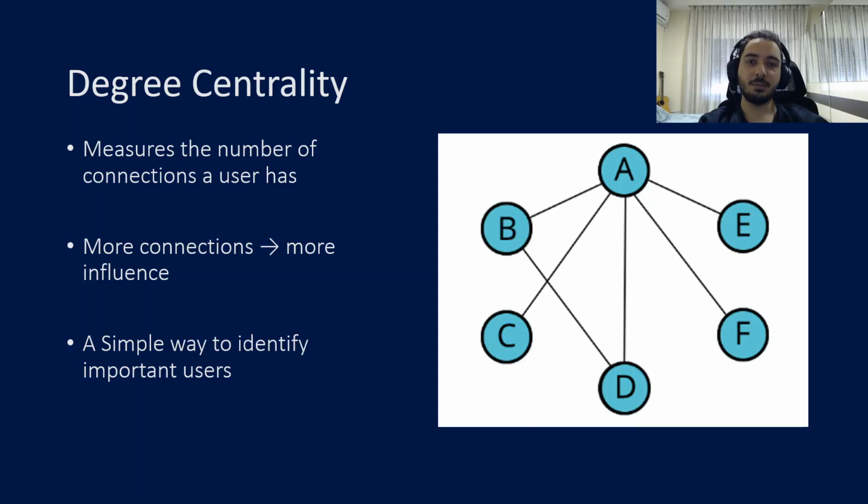This approach makes it easy to understand and easy to compute, which makes it useful as a starting point. For example, if a user is connected to many others, they can directly spread information to a larger audience. However, as we will see, this method has some important limitations.